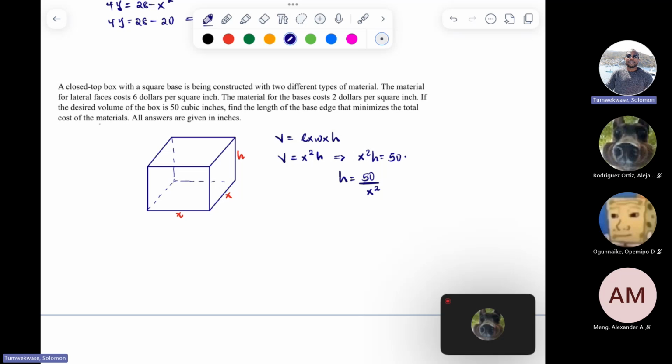Of course, if this is x, then the top also has the length x, so these are also x. I hope you can see that.